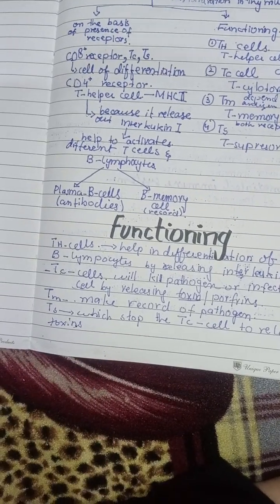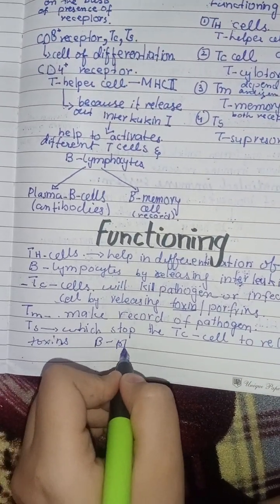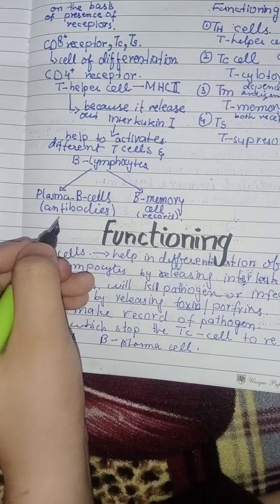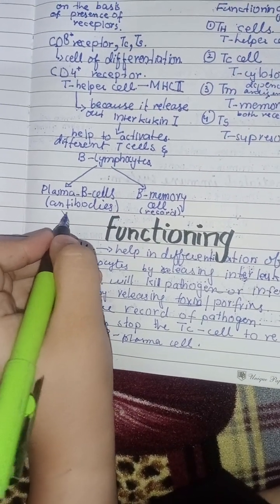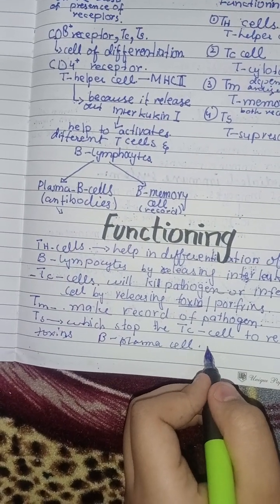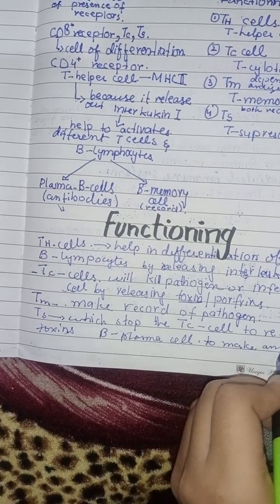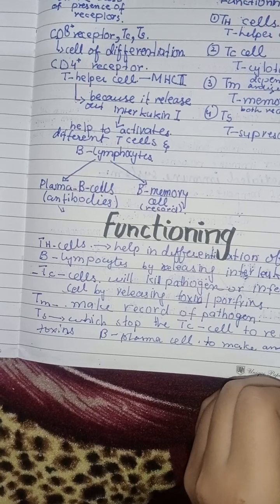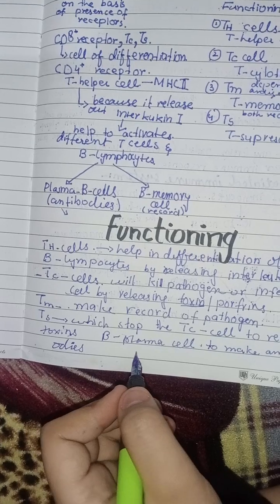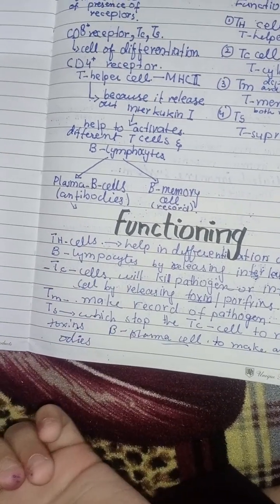Okay, and it also stops the B plasma cell from making that many antibodies. So T suppressor cell will also stop the plasma cells from making antibodies.